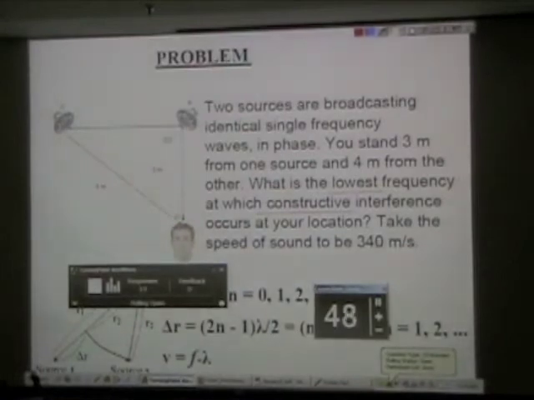As if you know how to calculate, how to find the path length difference. That's it. You know everything.